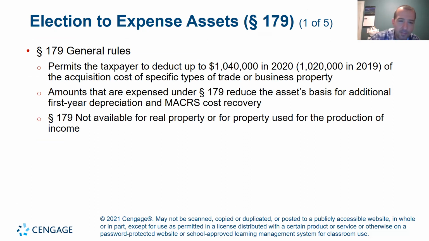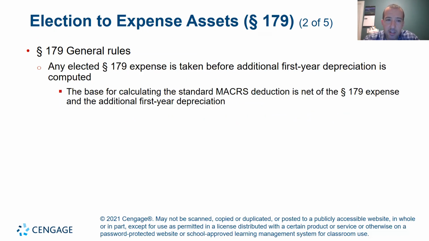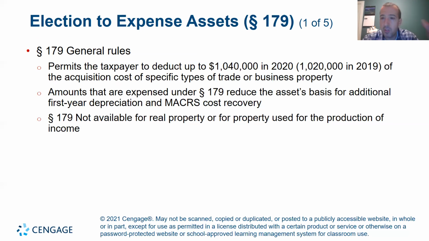The Section 179 rule allows you to deduct the full value of that asset, limited to the income generated in the year. So you can't take a loss by deducting a 179 deduction, but you can deduct up to that limit, $1,040,000, limited to the net income.